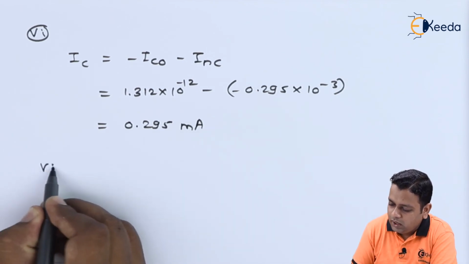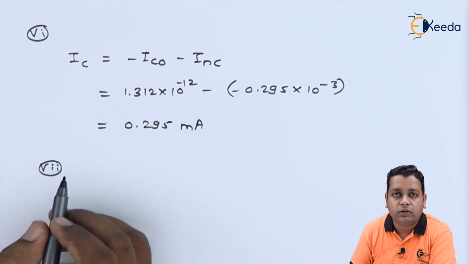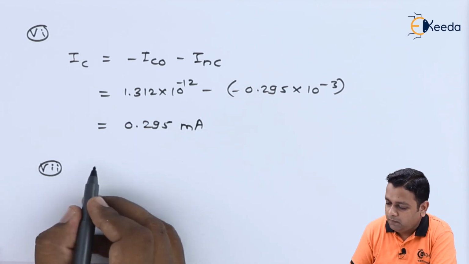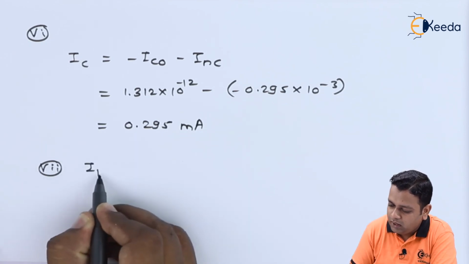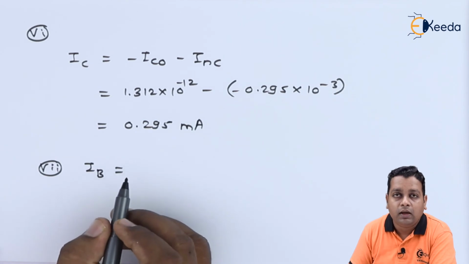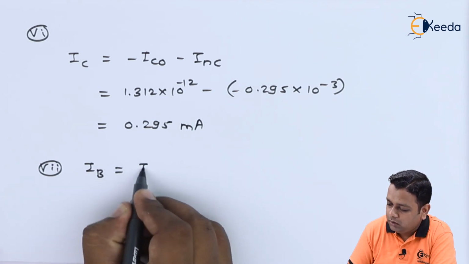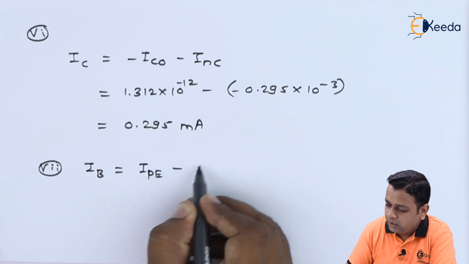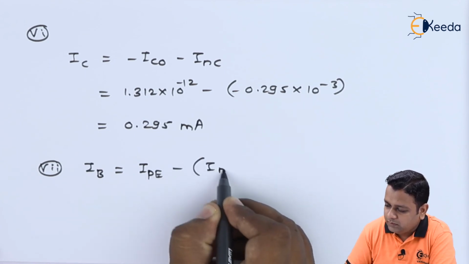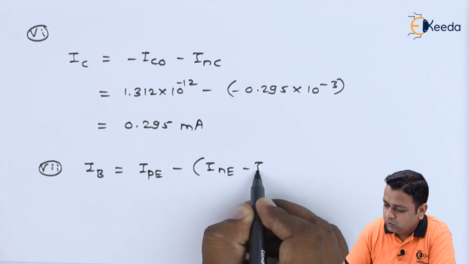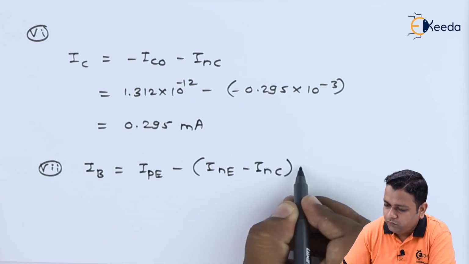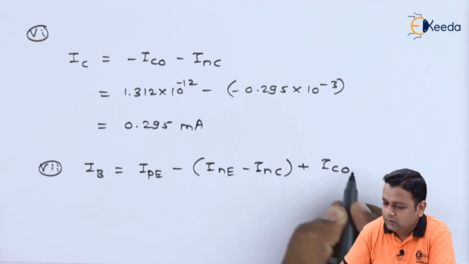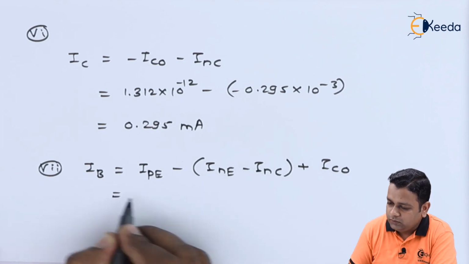Next we have the seventh current. The seventh current is for the base terminal denoted by capital I suffix B, and it will be computed by the use of I suffix PE minus, in the bracket, I suffix NE minus of INC plus ICO. So we substitute the values.